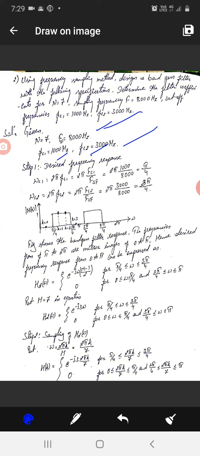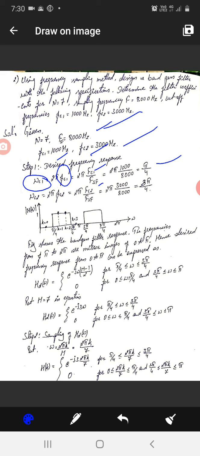First we have to find the desired frequency response. Before that we have to find the frequency response for those. For that reason we are going to consider omega c1. What is omega? 2 pi f. Here omega c1 means 2 pi fc1, the first cutoff frequency divided by the sampling frequency, that is 2 pi times 1000 by 8000, you will be getting pi by 4.